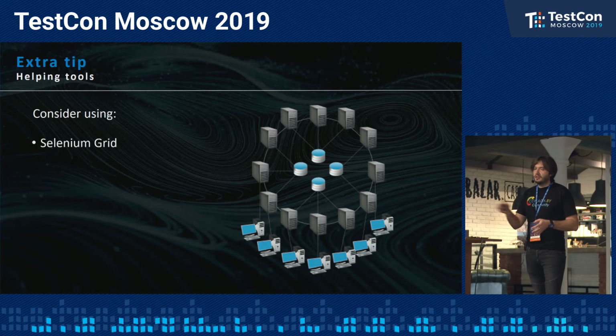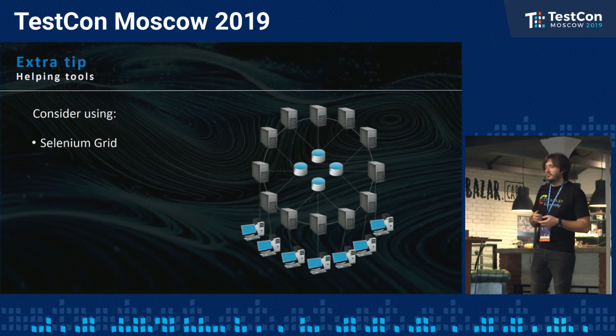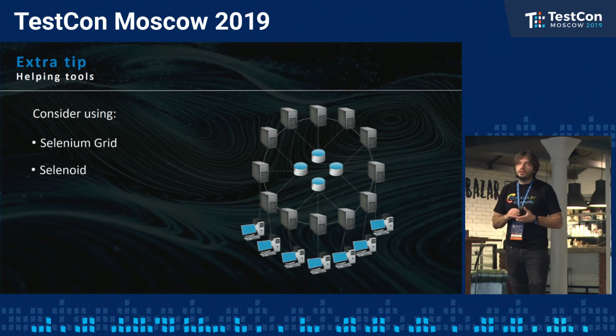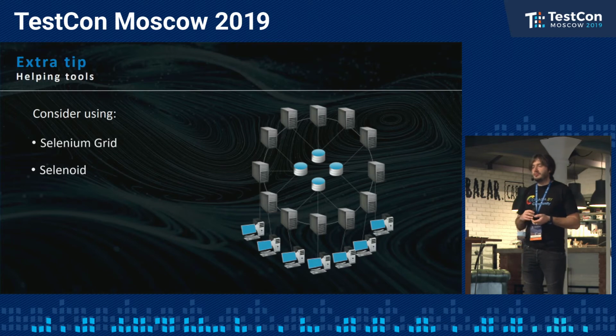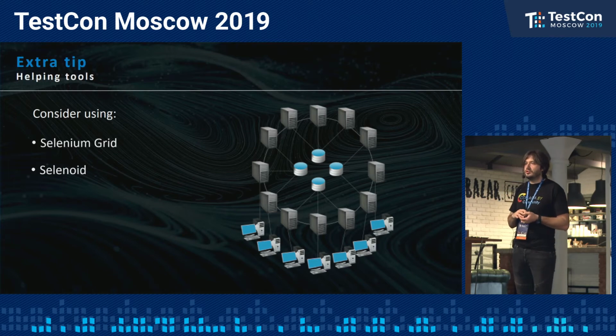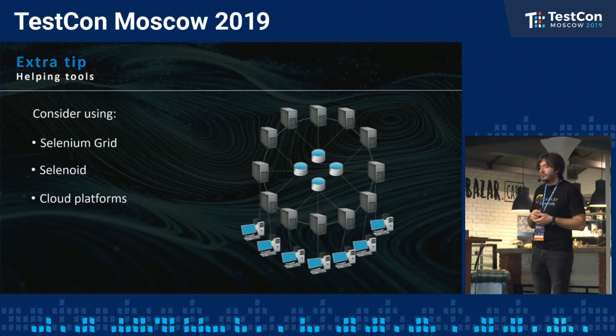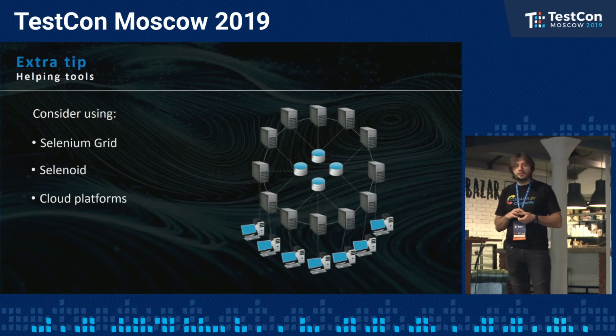You can set up a hub or separate hubs on which the tests will run. There's another great project called Selenoid. Under the hood, it uses the same grid, but it uses containerization. But otherwise, things are pretty simple, easy to deploy. You don't have to reinvent the wheel.